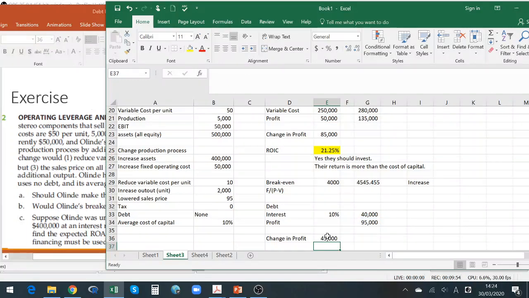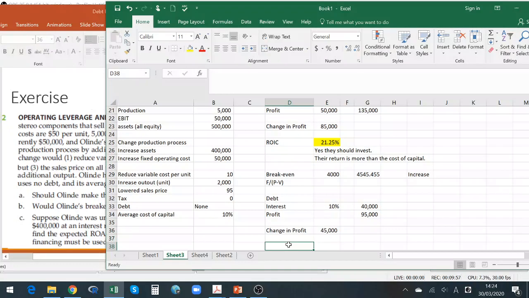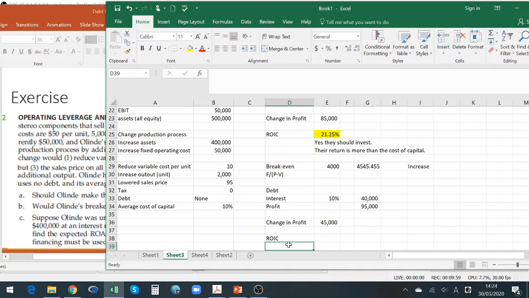So it's now 45,000. And return on invested capital is equal to change in profit divided by their assets. So it's now 11%.